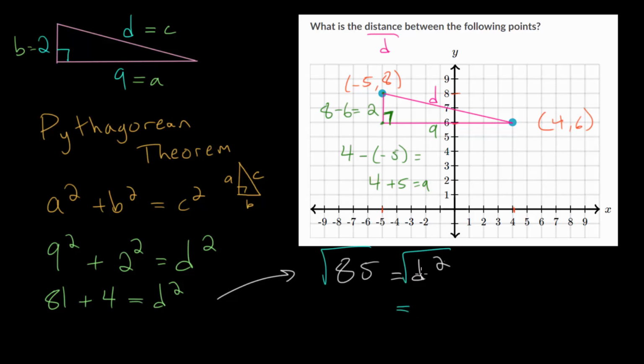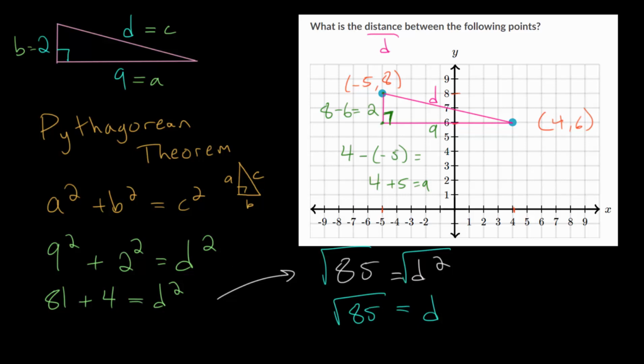So this right-hand side is just d. And the left-hand side is the square root of 85. Now, for the square root of 85, you can ask yourself what number multiplied by itself gives you 85. But it's not going to be a whole number answer.